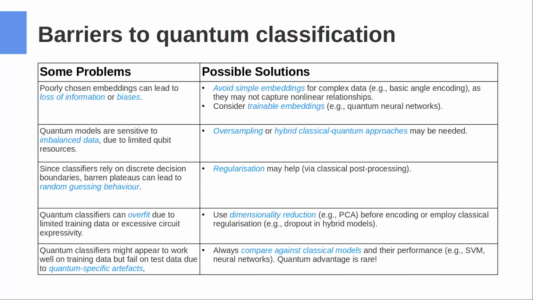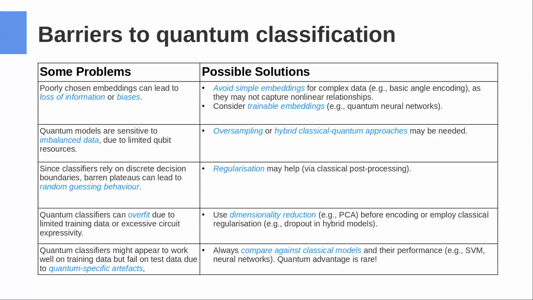And if you have barren plateaus developing, they could develop in all quantum models. Regularization in the classical post-processing could help. So not only can you play with the quantum model itself, but the classical counterpart, the other components in the hybrid model, could avoid barren plateaus.